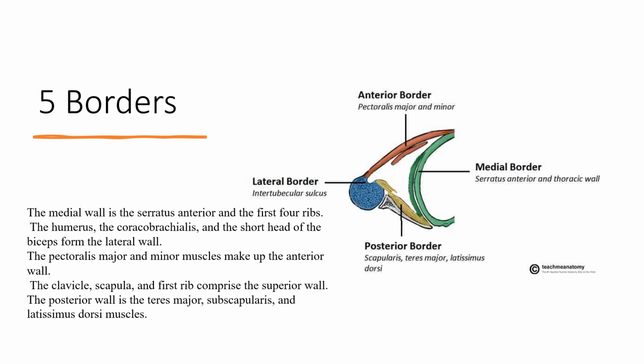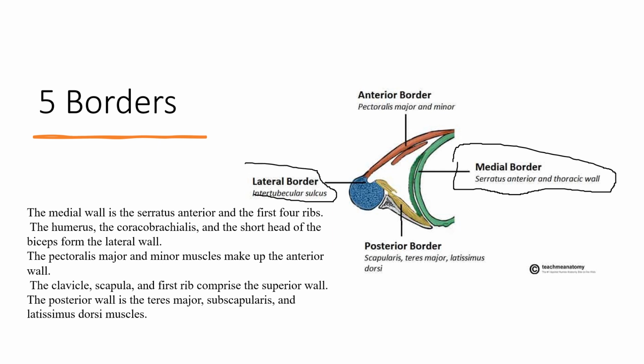As you can see in this diagram, the medial wall is formed by the serratus anterior and the thoracic wall. This is quite easy to understand, as the medial side of the axilla contains the thoracic wall and the serratus anterior muscle. Now coming to the lateral border: the lateral border of the axilla is formed by the humerus and its intertubercular sulcus.